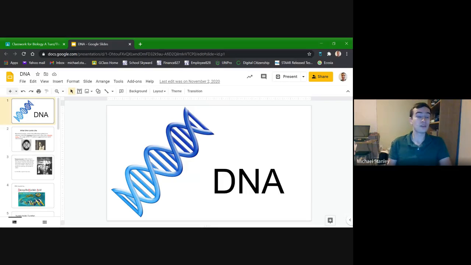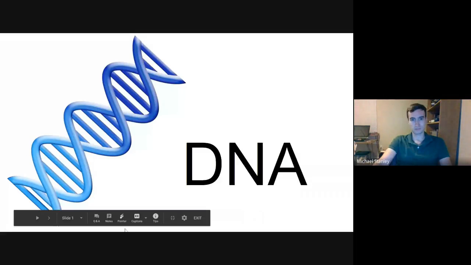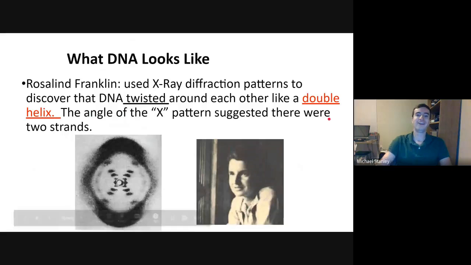But today I want to give a brief overview of what exactly DNA is, this little spiraling structure that we've heard so much about so far. The structure of DNA, what it looked like, was a mystery to scientists for many, many years. They knew it was there, they knew it was inside of cells, but they weren't quite sure exactly what DNA looked like.